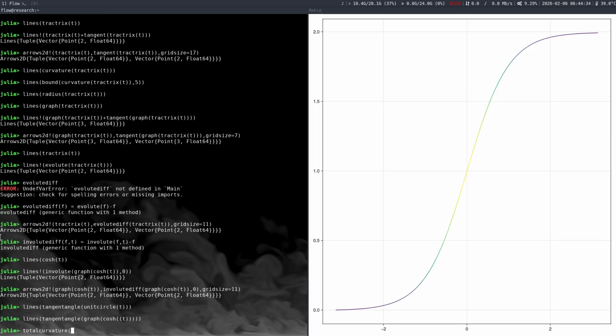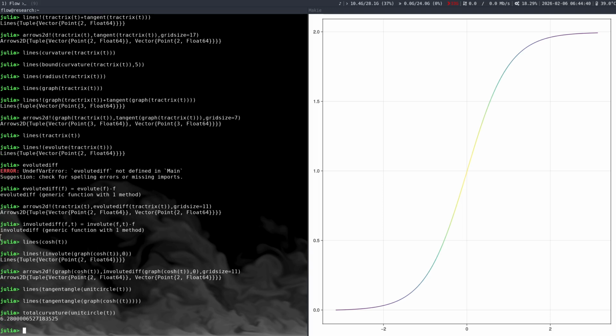Total curvature. Two pi for the unit circle. Just to kind of give an approximate result. This is an approximation of a unit circle, of course. It doesn't have an infinite number of points.